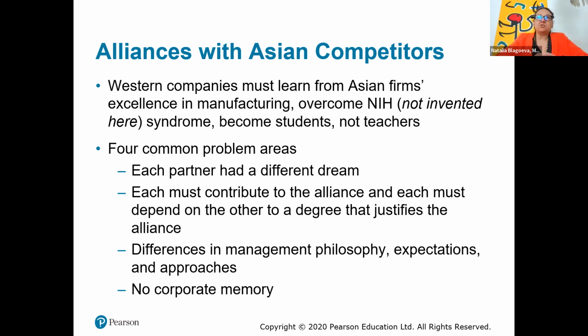Specifically in the first Asian alliances which were made, we give in your book a really good, longer explanation of this, but one of the things was that partners had different dreams. They would go into partnership, but they actually had very different understandings of what the dream is, what it is we want to achieve. There needs to be also this mutual understanding that we both need to contribute, and we go into this interdependence.